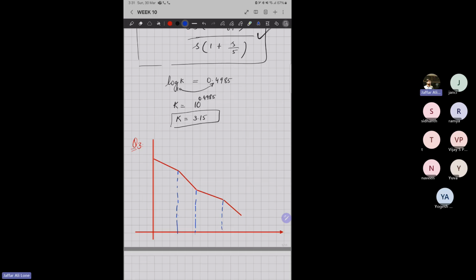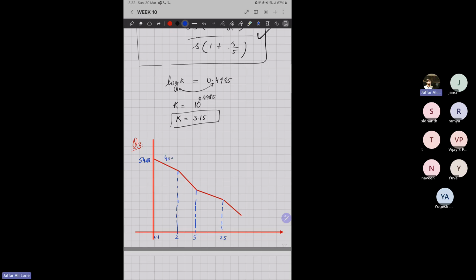So my initial magnitude is 54 dBs, right? Then this is 0.1, this is 2, this is 5, this is 25.